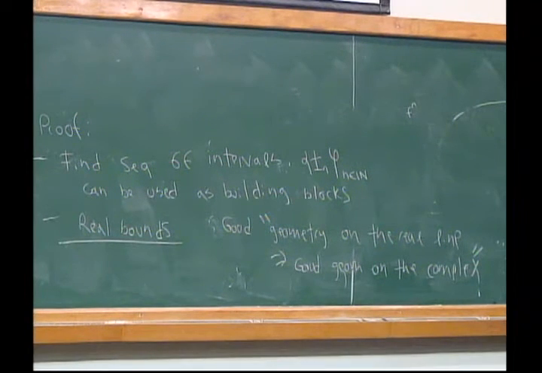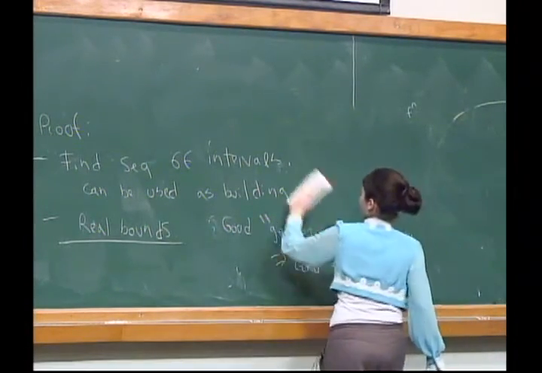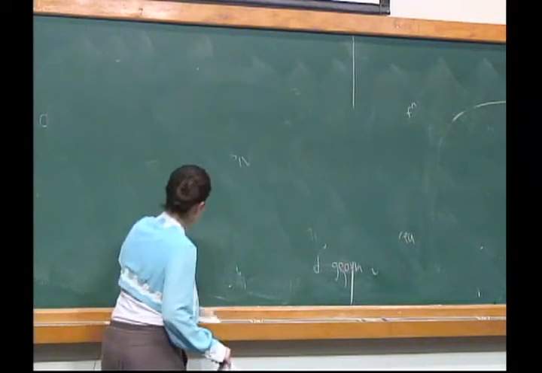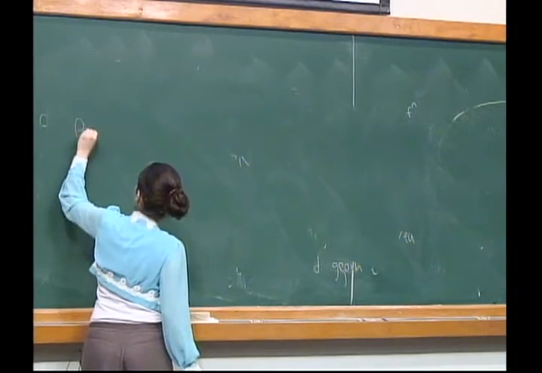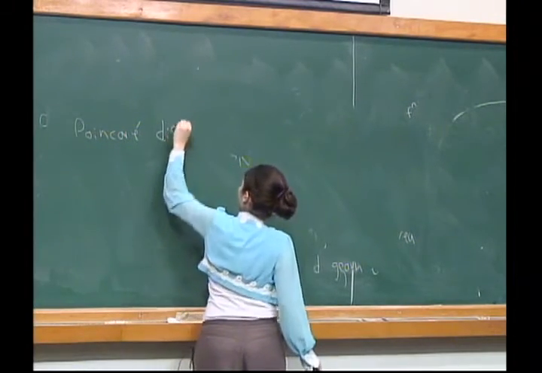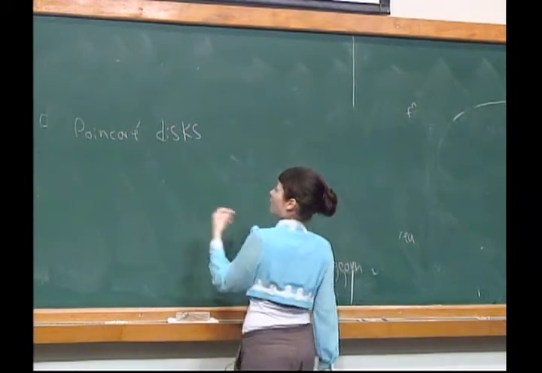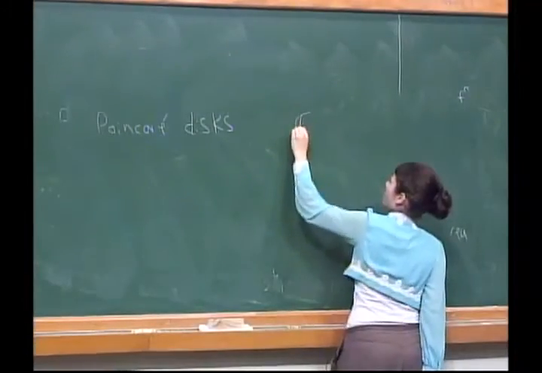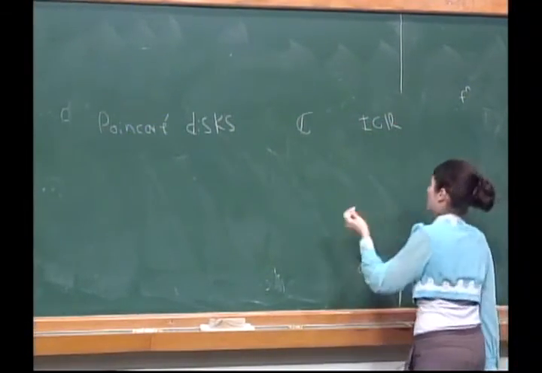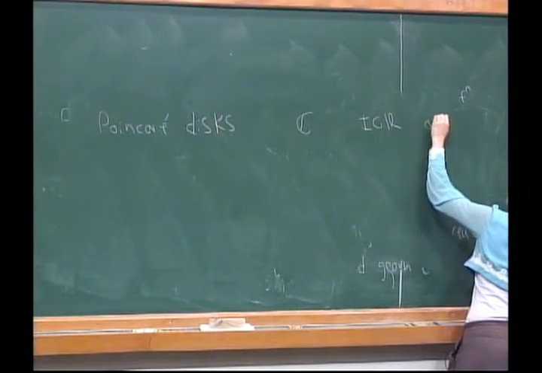There is some sort of choice of domains in the complex plane that you want to start doing the pullbacks from, that are called Poincaré disks. So basically, you have the complex plane and an interval I containing R. That is just going to be open for the time being.